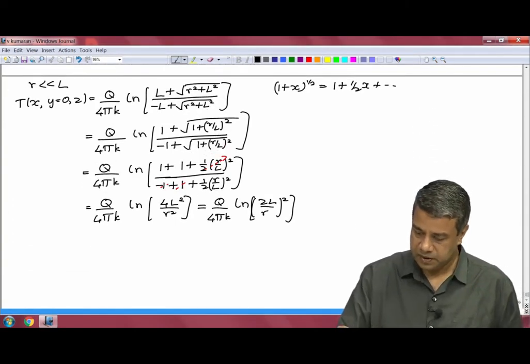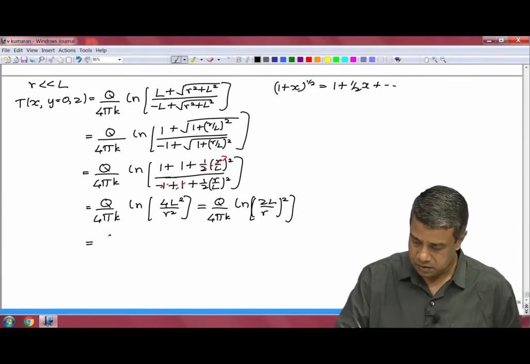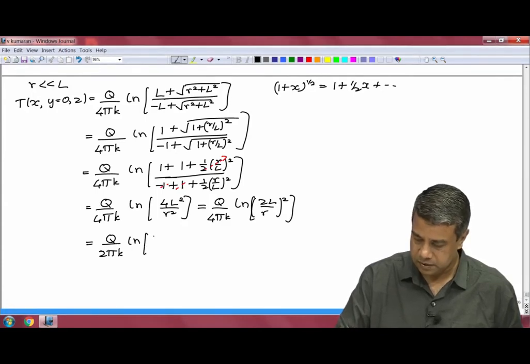So, this is just equal to q by 2 pi k into the natural logarithm of 2L by R.